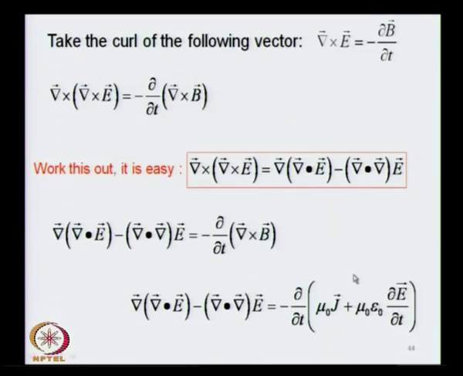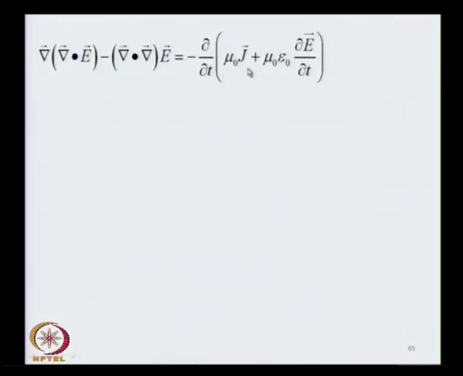This is the term which was added by Maxwell out of symmetry. So, we now have the complete expression. Let us take this equation to the top of the next slide, so that we do not lose any term.